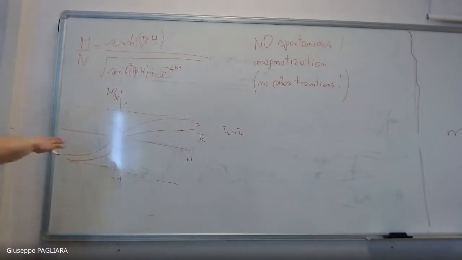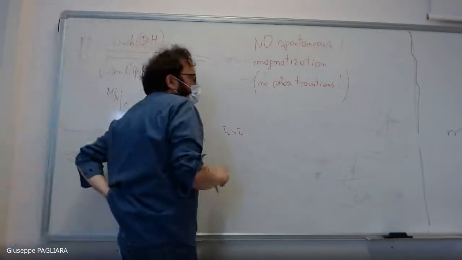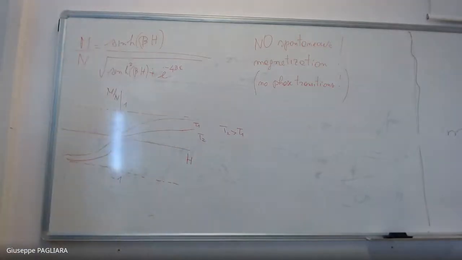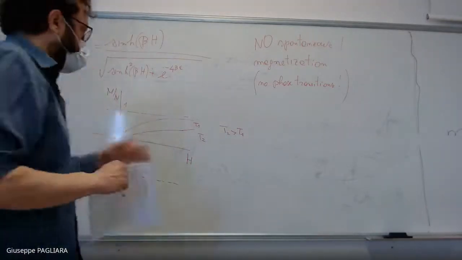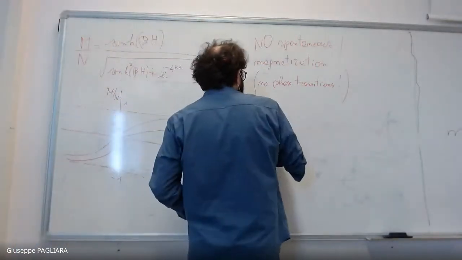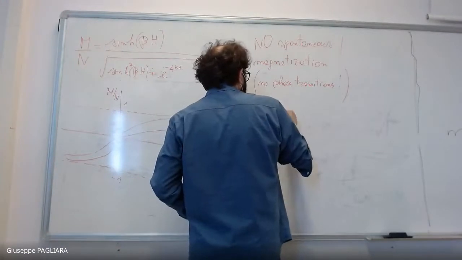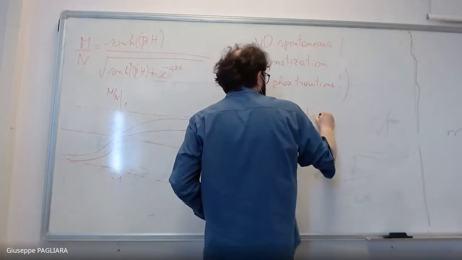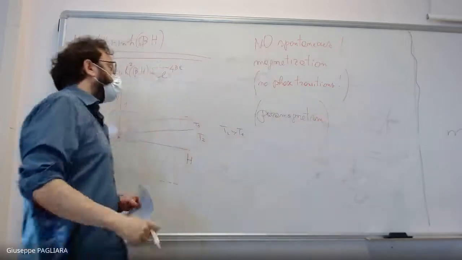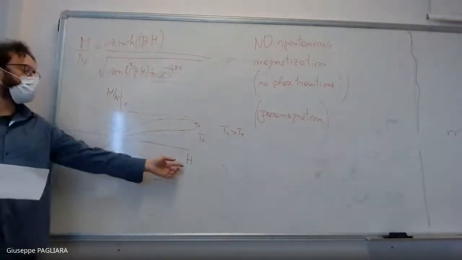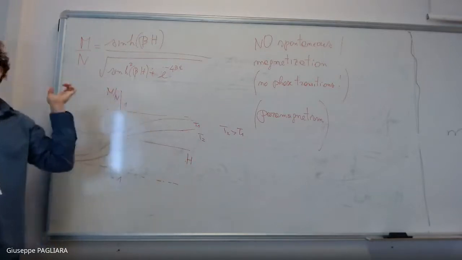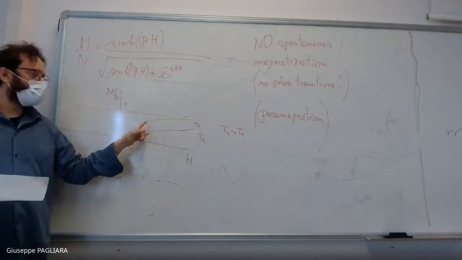So basically, this material behaves in a paramagnetic way, if you want. In which if I increase the value of H, the external field, I get the final value of the magnetization in the same direction.